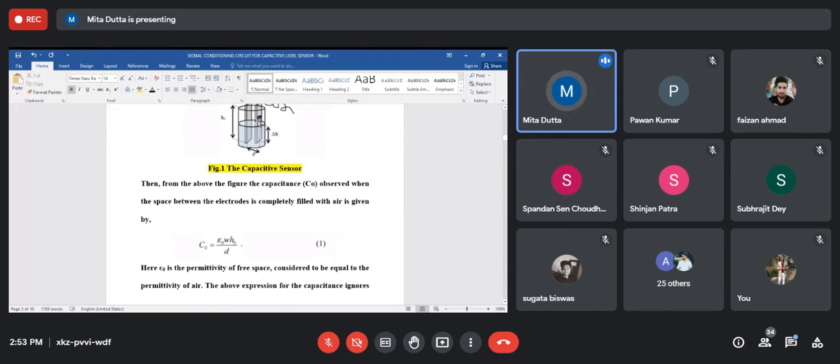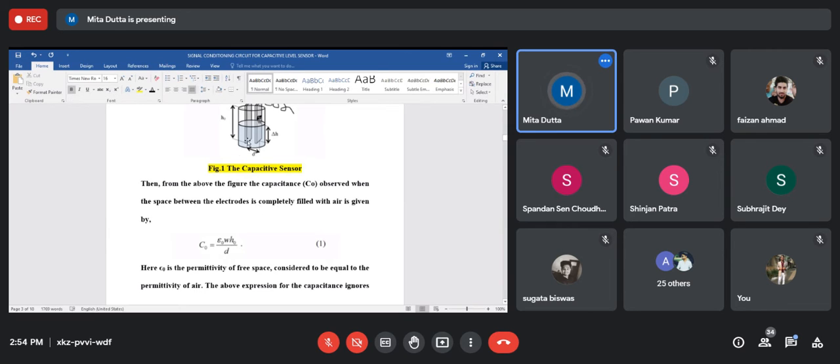Here, since we have used rectangular plates, and epsilon 0, since the tank is filled with air before we fill it with the liquid or fluid whose level we are going to measure.